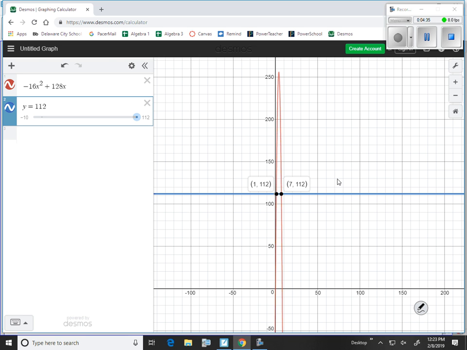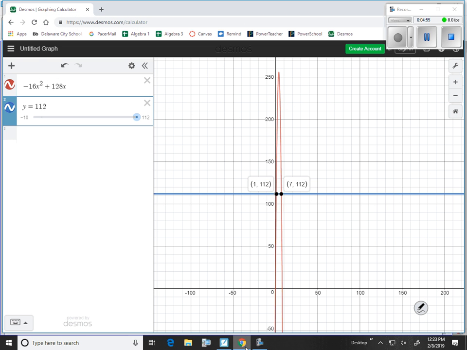The question says, after how many seconds will it be 112 feet above the ground? The first initial time that it's 112 feet is 1 second. You could put 7 seconds as well, but typically they're asking for the initial height, which would be 1 second.